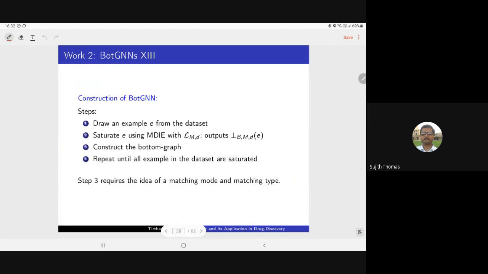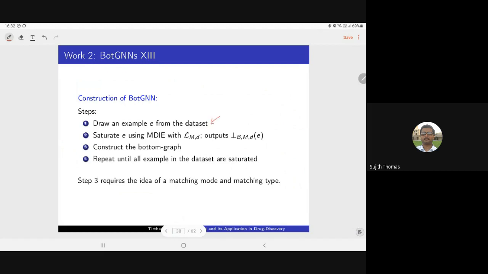Now that we know what we are talking about, that is a depth-bounded bottom clause. Now we need to see how to construct the bottom graph. The steps are the following. Draw an instance E from the data set.